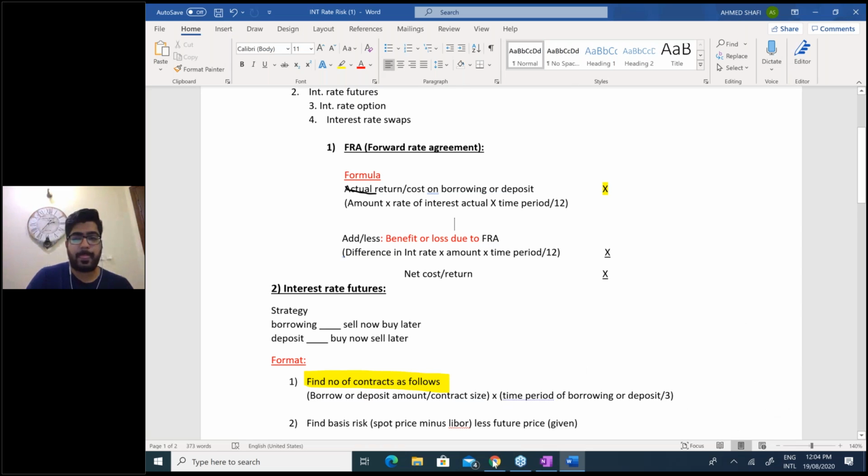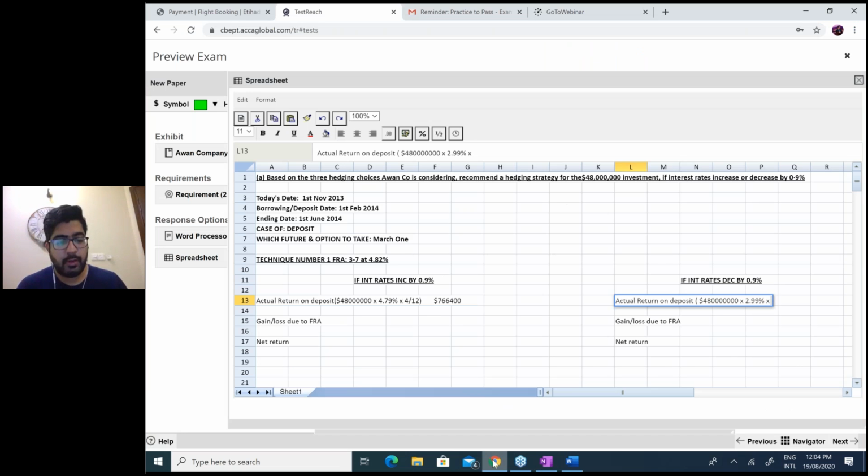Okay. Into time period. For how long are you planning to deposit? 4 months. Okay. What is the amount? Let's calculate. $478,400. This is the working of actual return on deposit.